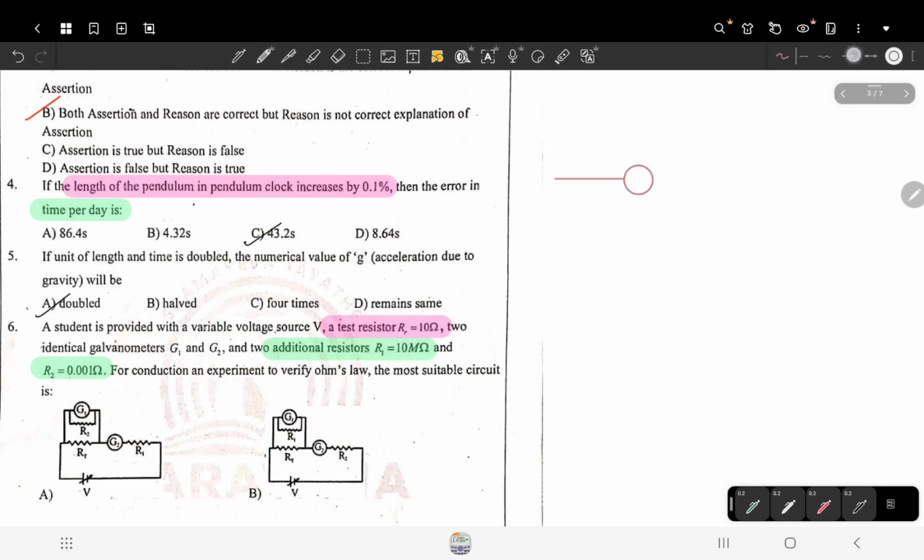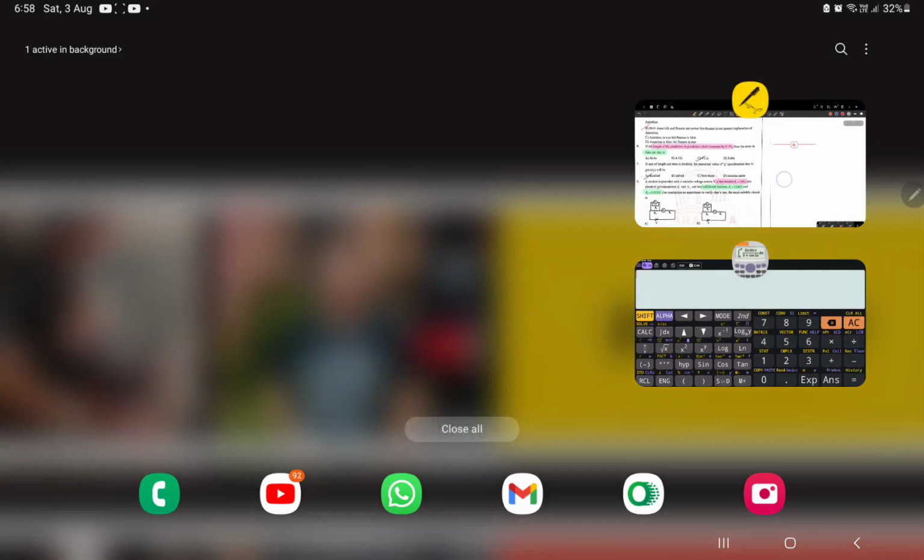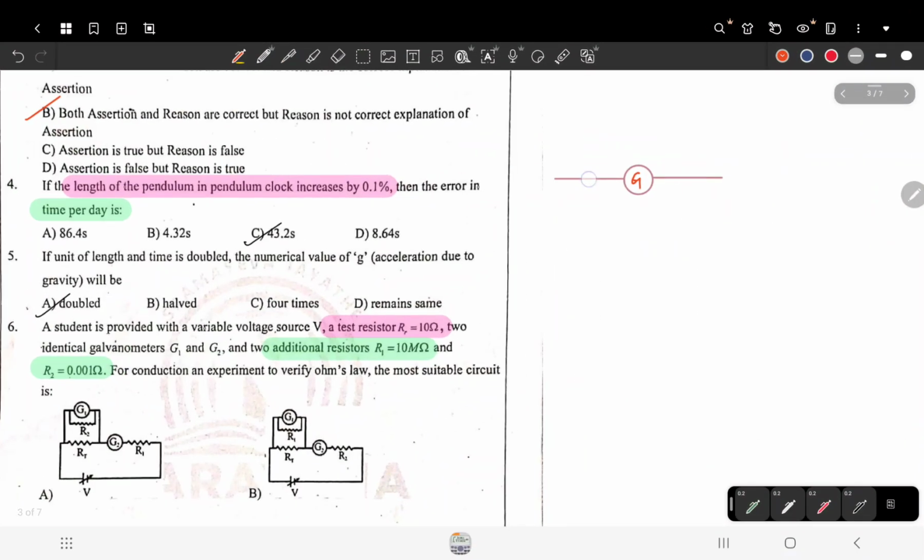Let's say it is G, nothing but a galvanometer. Now if I wish to convert that into an ammeter, I have to connect a resistor over here which is having a low resistance, as R2. If I connect it as R2, that will become an ammeter.